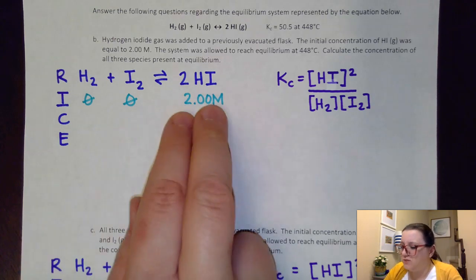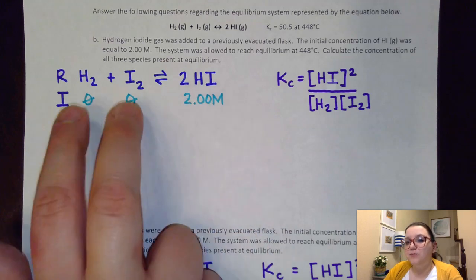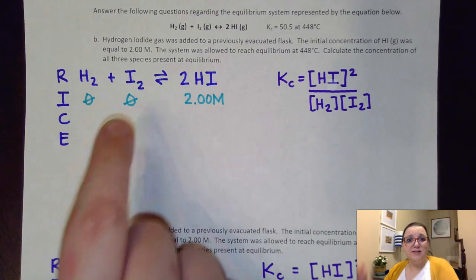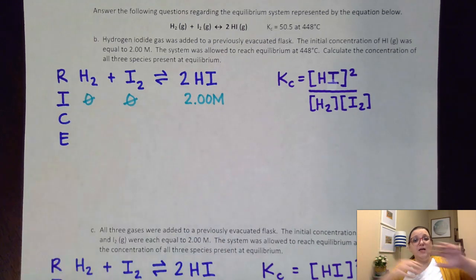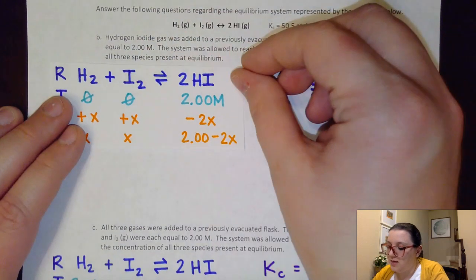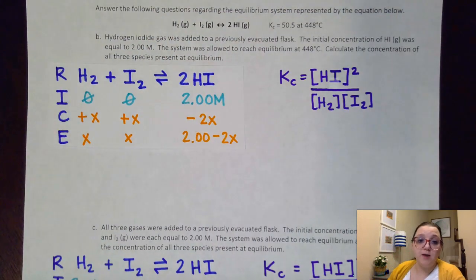I'm going to have to shift some of that back to the reactant side, because remember, I need a little bit of everything at equilibrium. If I have no reactants, I need to take some of that product and shift it to the reactant side so I can have a little bit of reactant at equilibrium. However, remember, those changes are going to happen in mole-to-mole ratios. So with that said, here is how I filled out the rest of my RICE table.